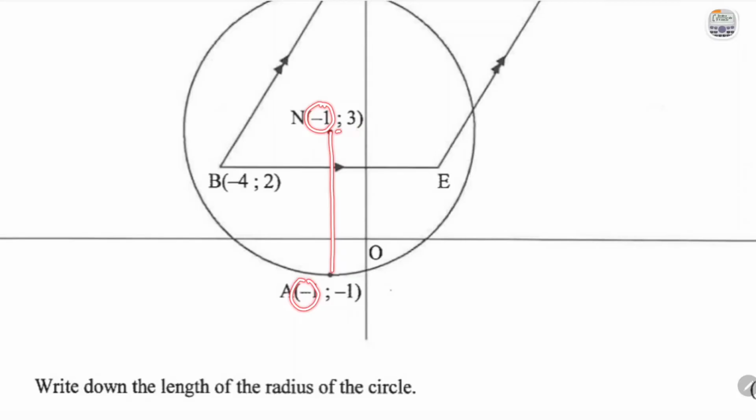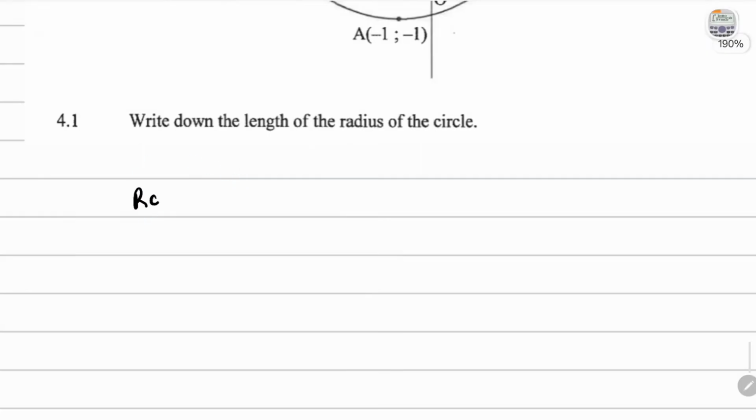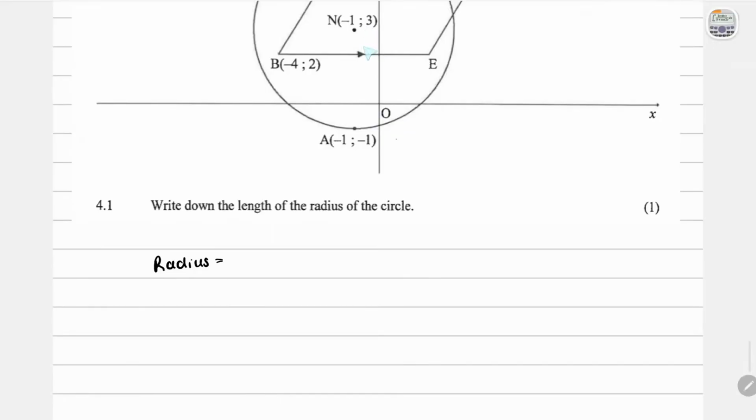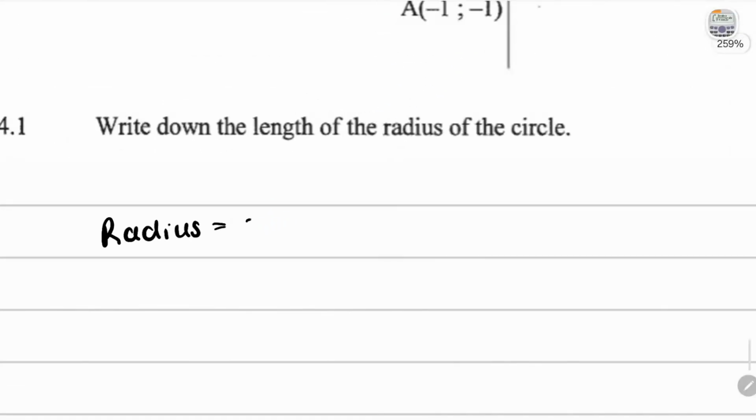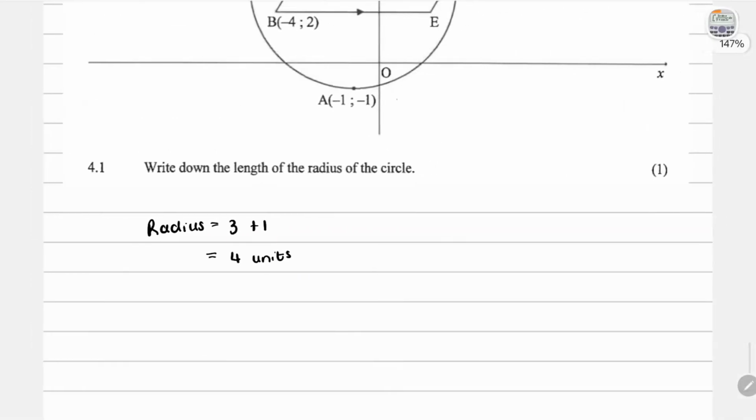You simply need to say whatever this y value is minus whatever that y value is, and that will tell you the length of the line NA. So we can find the radius, or NA, by simply saying 3 minus -1, which is 3 plus 1, and so that is equal to 4 units. And that is the length of the radius.